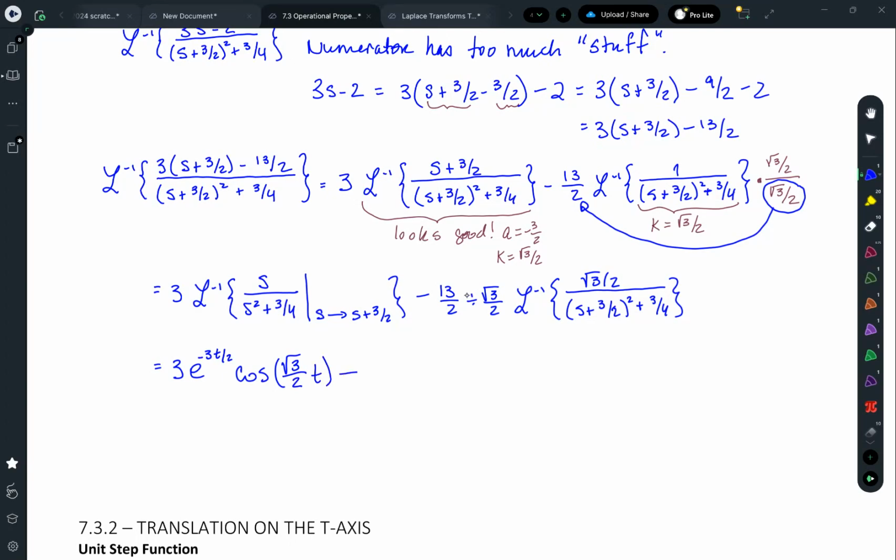Minus, if I take 13 halves and divide it by this root 3 over 2, I end up with 13 over root 3. And then I can rewrite my Laplace inverse as being the Laplace inverse of root 3 over 2 over s squared plus 3/4, where s came from the s plus 3/2.